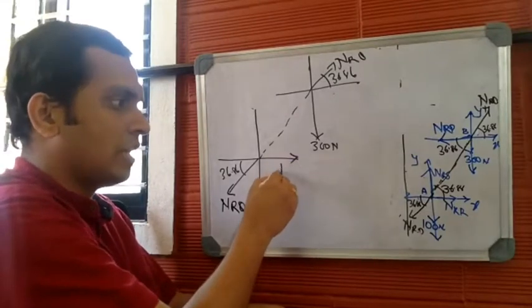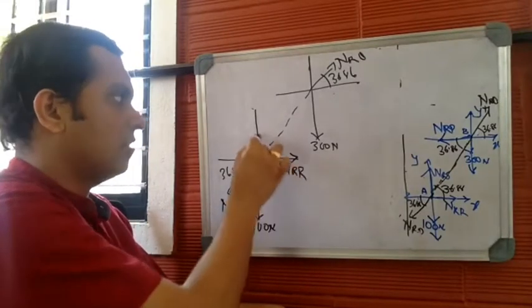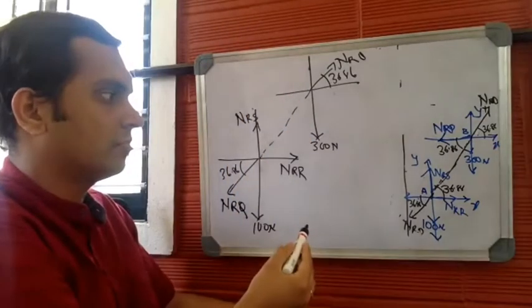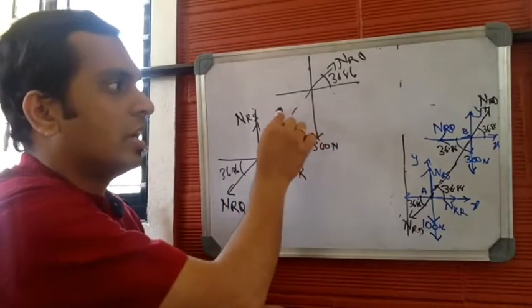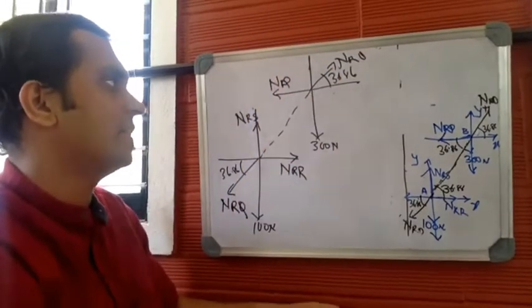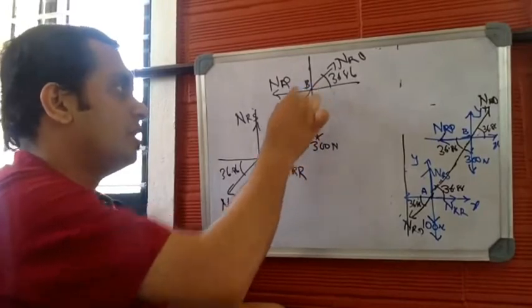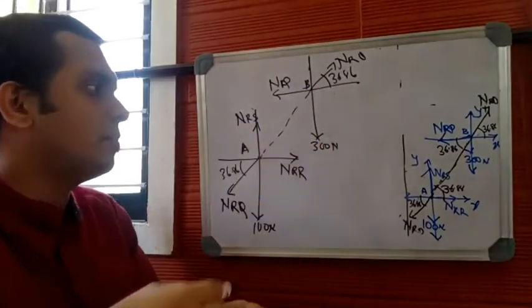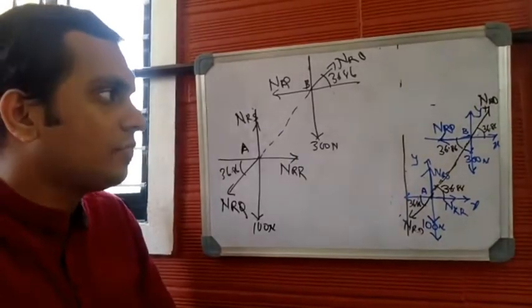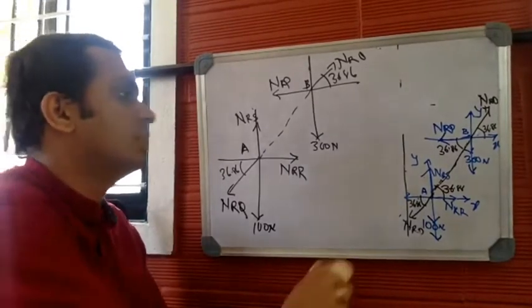And this is NRR. This is NRS. And we have NRE. This is center B, this is center A. This is the free body diagram what we have. I think we did not leave any of the forces.